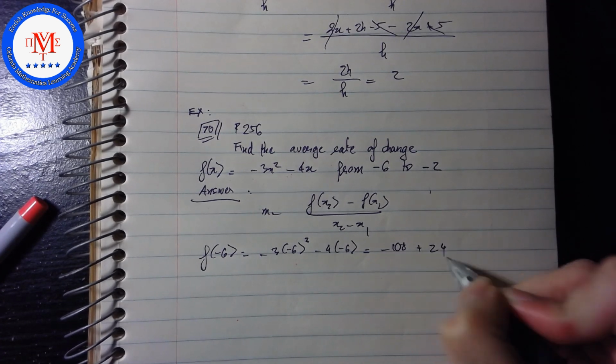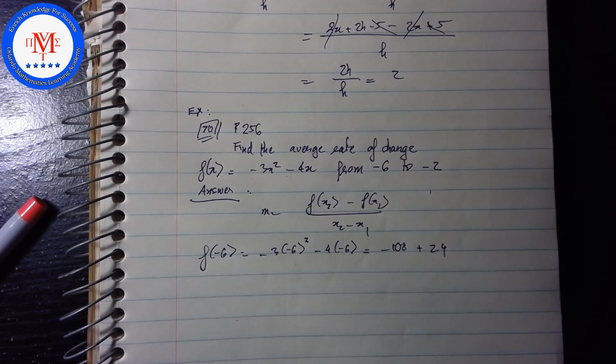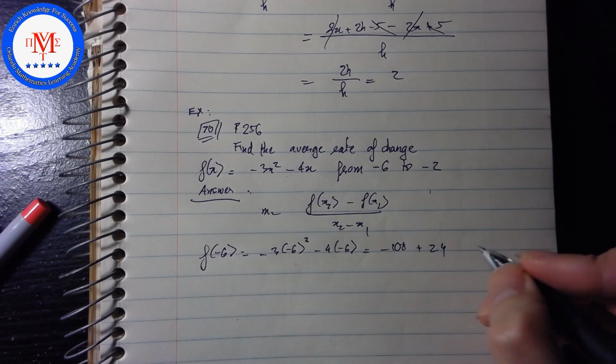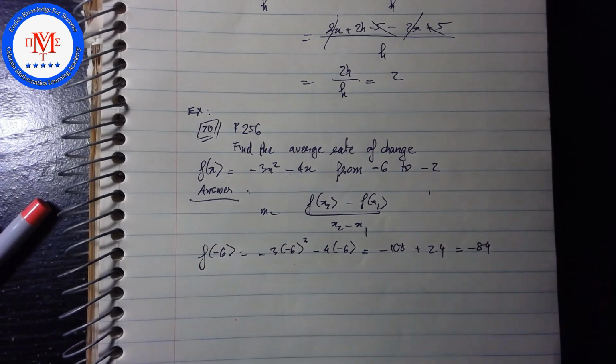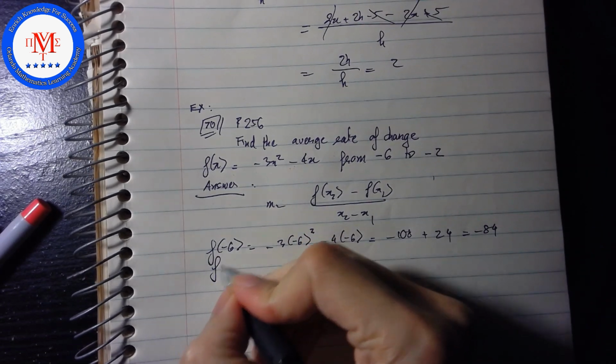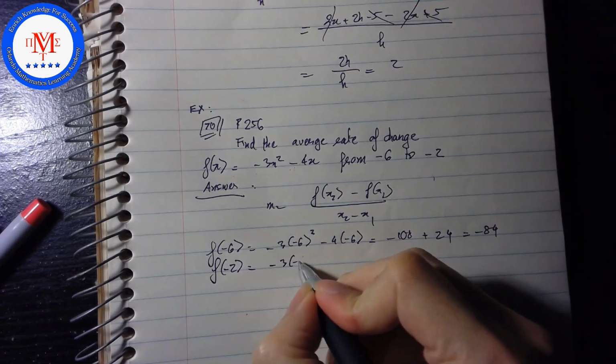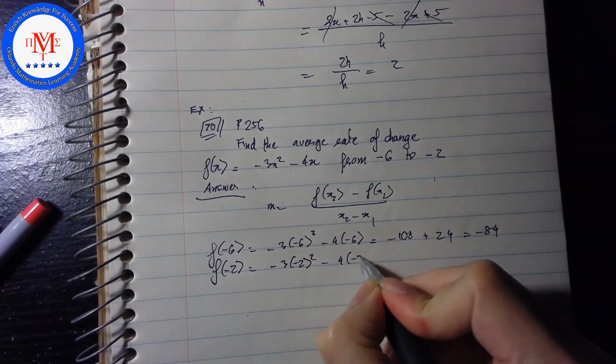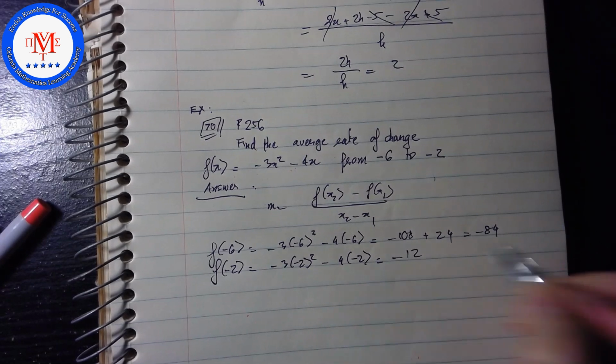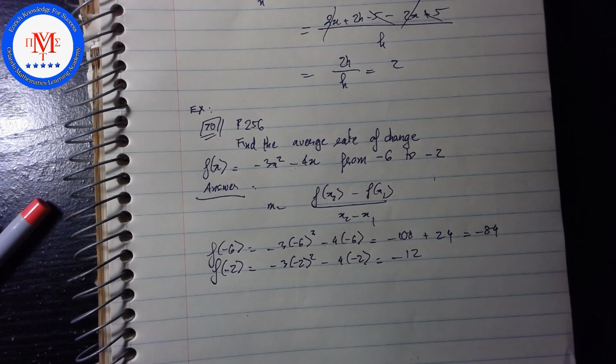And f of negative 2 is negative 3 times negative 2 squared, minus 4 times negative 2, which gives you negative 12 plus 8, that is negative 4, right? So I have f of x2 and f of x1 already.